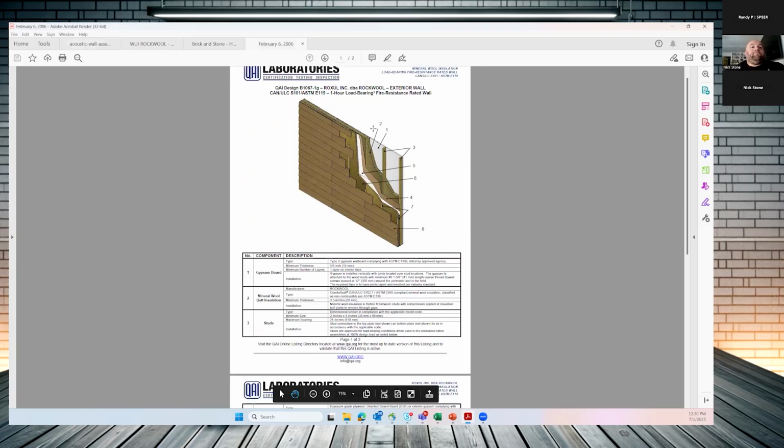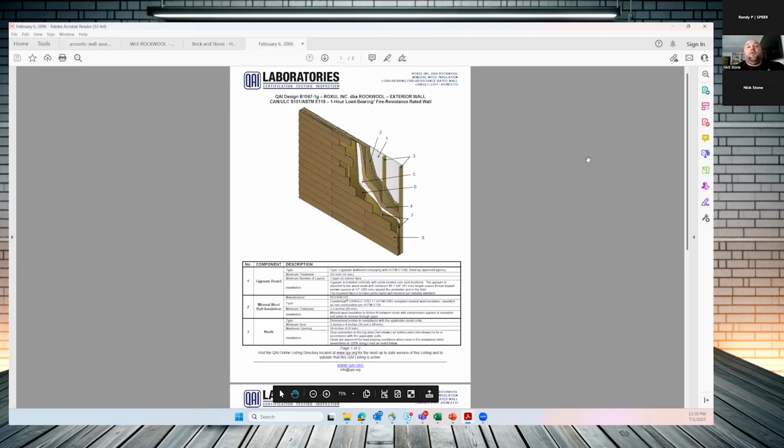Let's see here. We have some really good testing for these WUI areas for 1 hour exterior rated wall assemblies. Keeping this idea of using exterior insulation for thermal is really great, but we can also use it to have great fire protection.